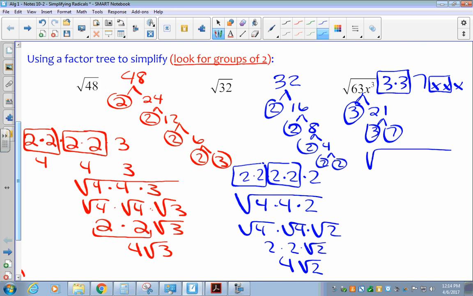Oh, look what happened with the x. 3 x's means x times x times x. I'm going to group 2 of those x's together. So this is going to be 9 times 7 times x squared times x.